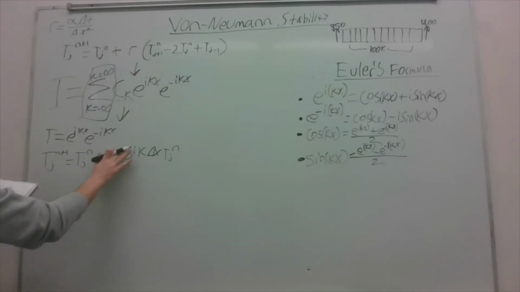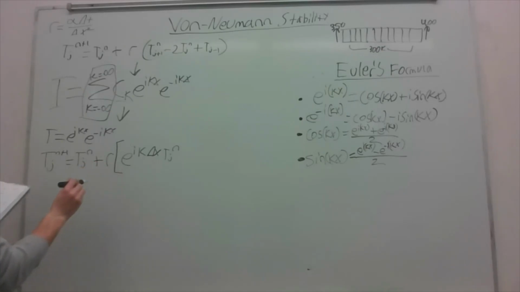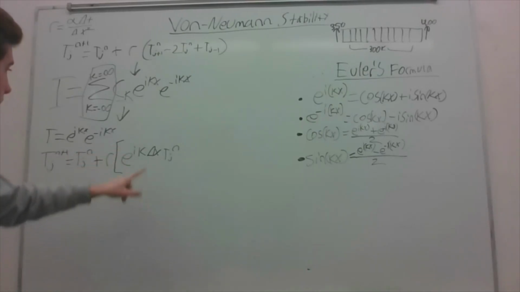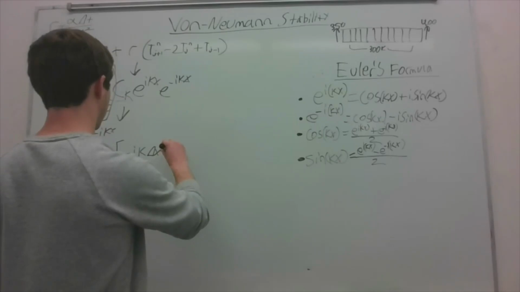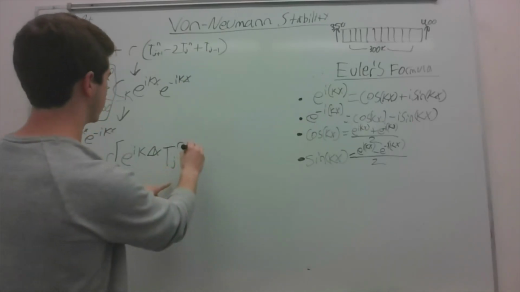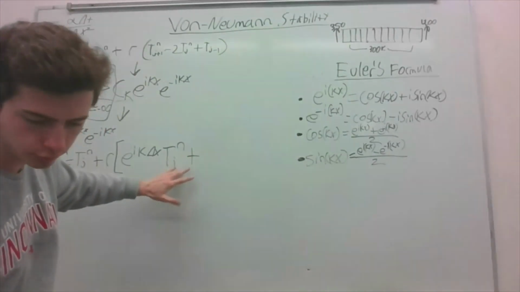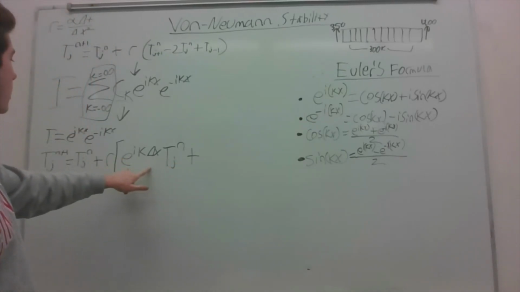Let's make this a bit more clear. Let's put this in brackets. What I just did was replace, wait a minute, let's make this clearer. Here we go, times T j n. And this is going to be plus, and there's going to be more terms, but let's break it down one term at a time.